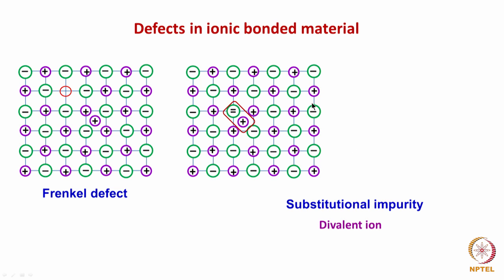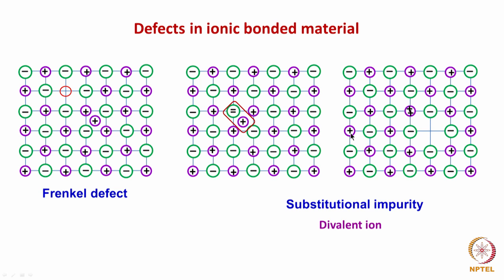And another possibility, this is what I am showing, is how these defects will be produced. The other possibility is that we have this particular position where a divalent cation has been introduced.